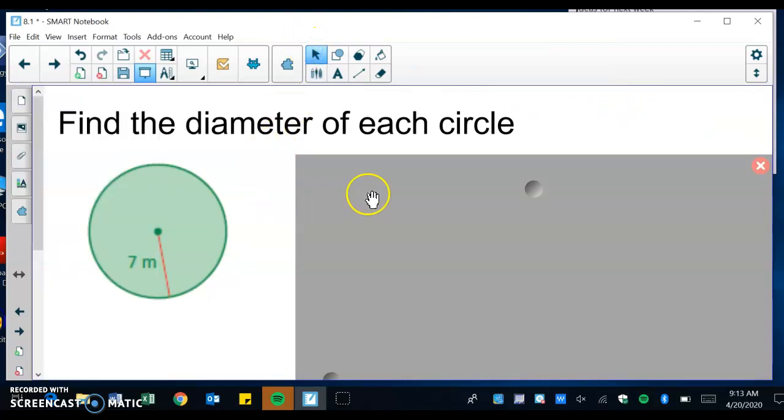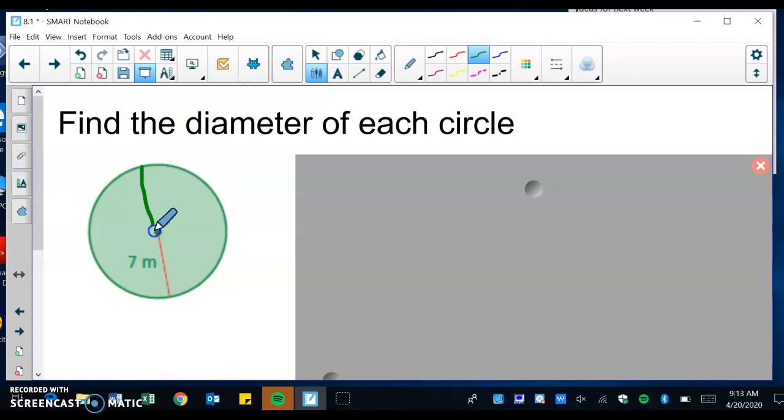Diameter is the whole distance from one side to the other, but right now we only have half of that. What we have right here is called the radius. So diameter is twice that, so it's 2 times r.